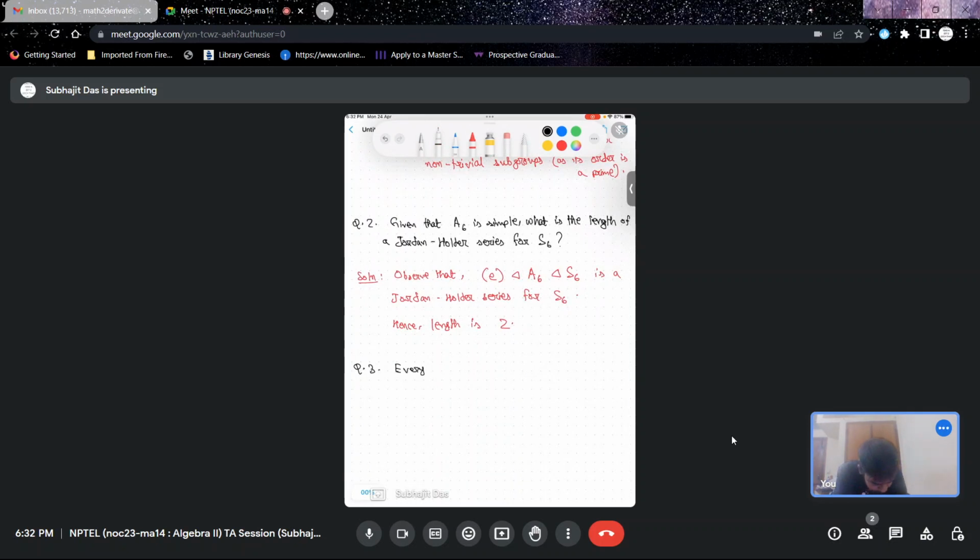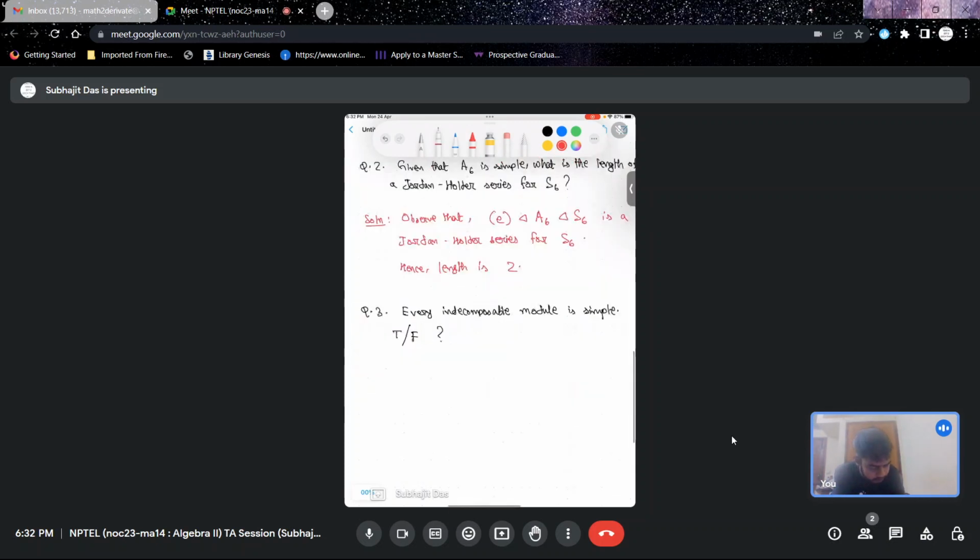Every indecomposable module is simple. Is this true or is this false? Let's quickly recall what a simple module means. A module is simple if it has no proper non-trivial submodules, right?